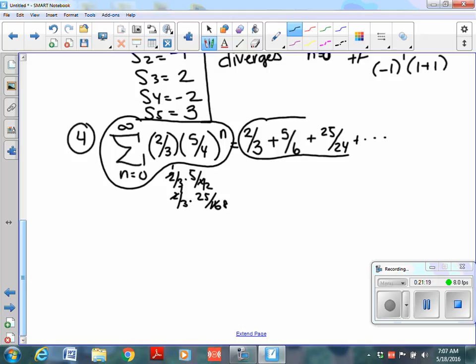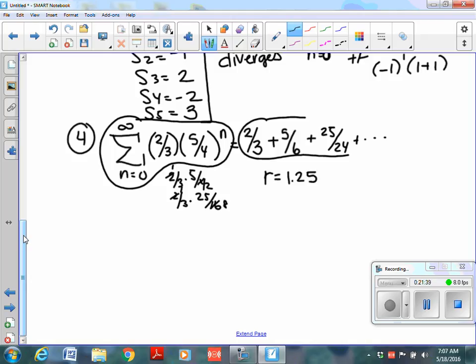I can put 5/6, then I'm going to divide it by 2/3, and I get r equals 1.25, but let's check it.